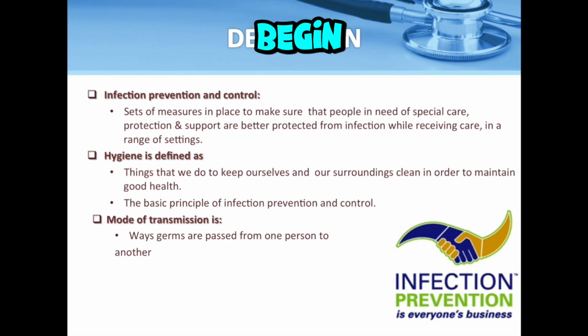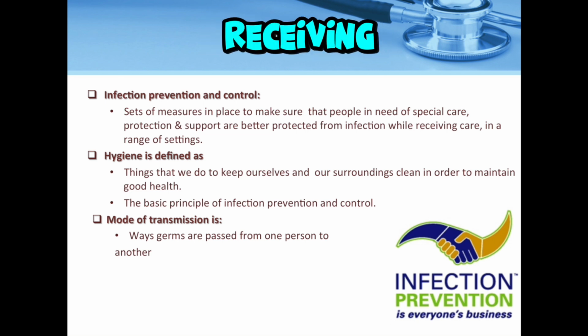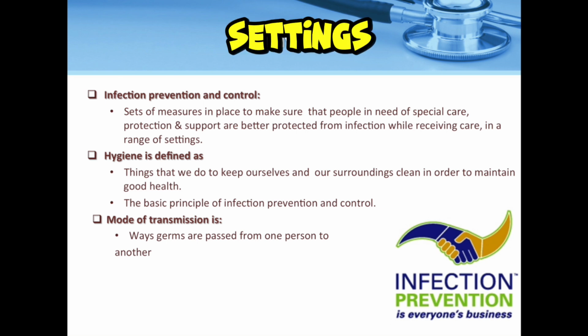Before we begin, I would like to define some key terms that I intend to use throughout this presentation. The first term is infection prevention and control. It is a set of measures in place to make sure that people in need of special care, protection, and support are better protected from infection while receiving care in a range of settings.